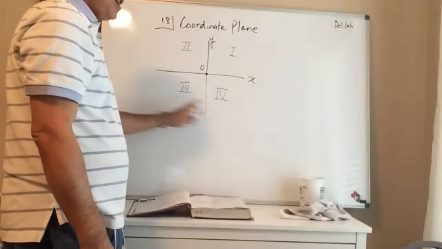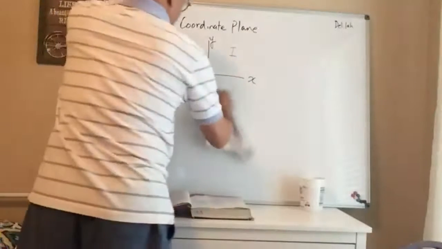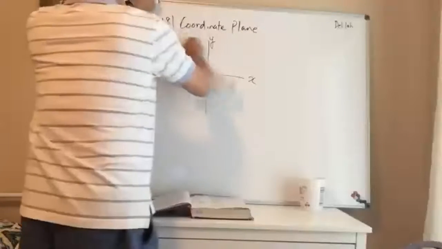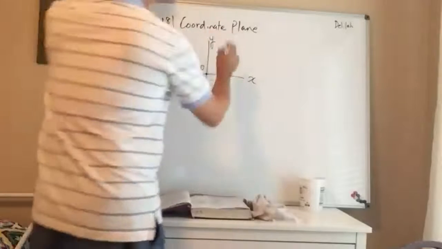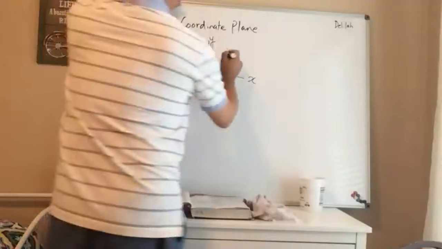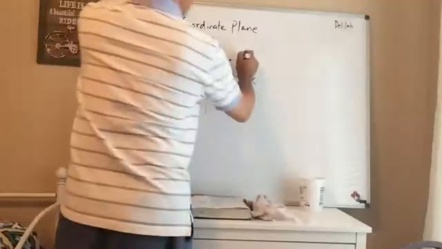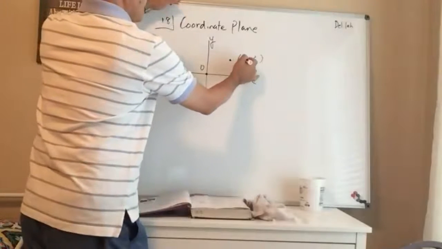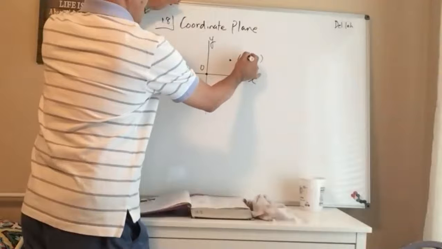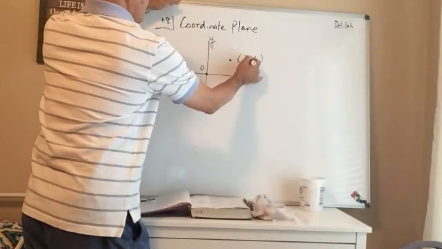So in the coordinate plane, we have ordered pairs. Now to describe a point in the coordinate plane, if I have a point right here, this would be 3 and 2. The 3 is the x coordinate, and this guy here would be the y coordinate.